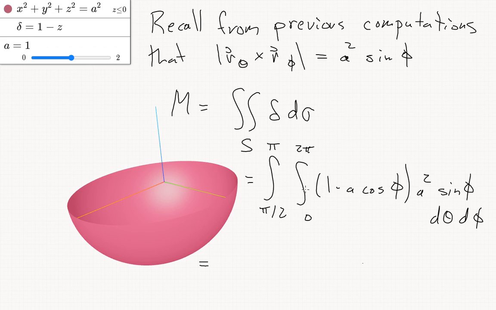So we can break this up. There's no theta in here, so that'll just multiply everything by 2 pi. And also the a squared is a constant.